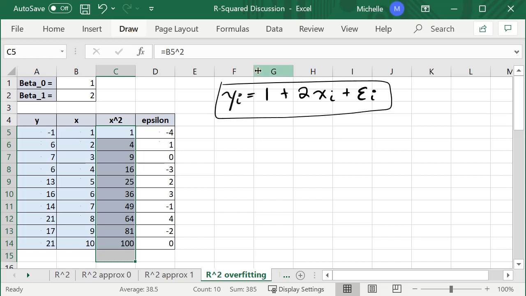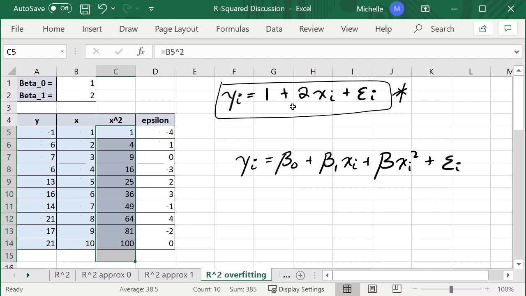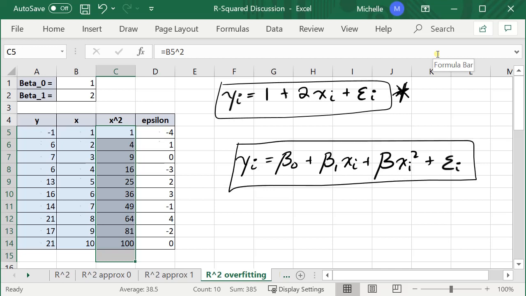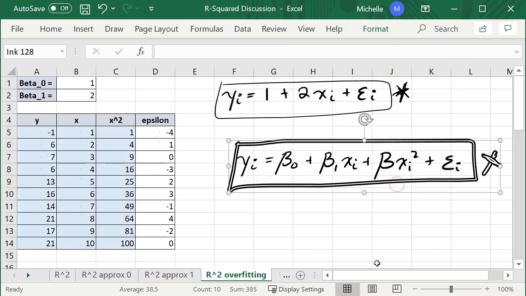I could run my regression model as yi equals some intercept term plus a linear term plus a quadratic term, right? And of course, since I know this is the right model, I know that this is actually overfitting. I shouldn't necessarily do this, but in reality, you don't usually know your real model, so you might try doing this. And if you were to do this, how would that affect your R squared?